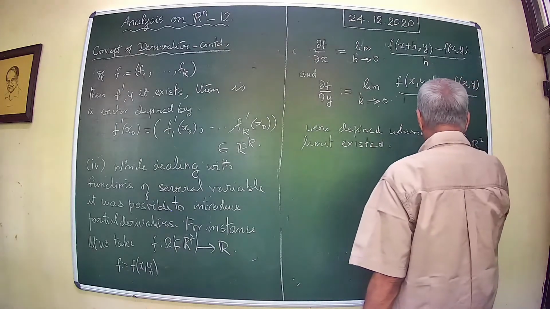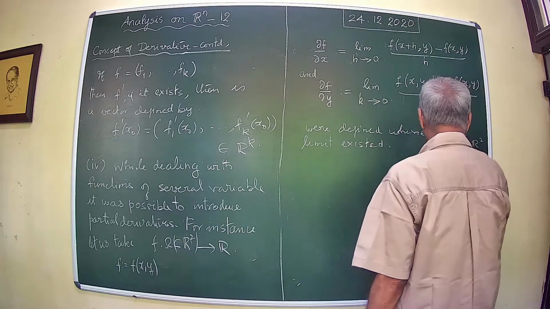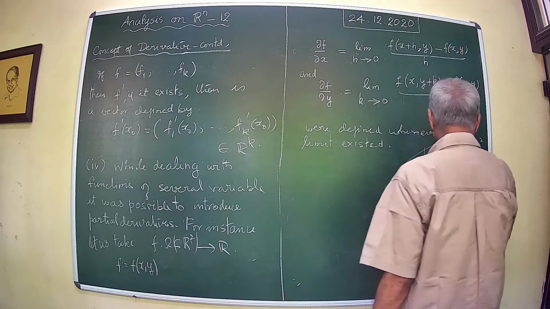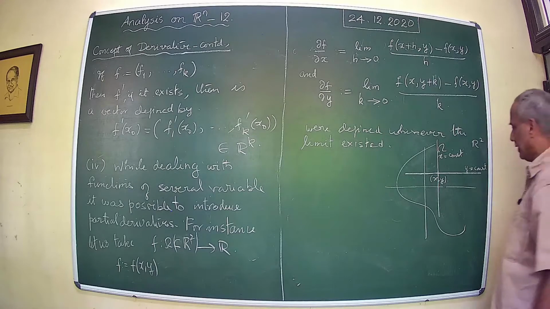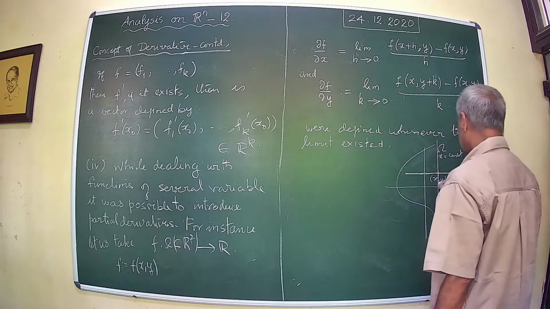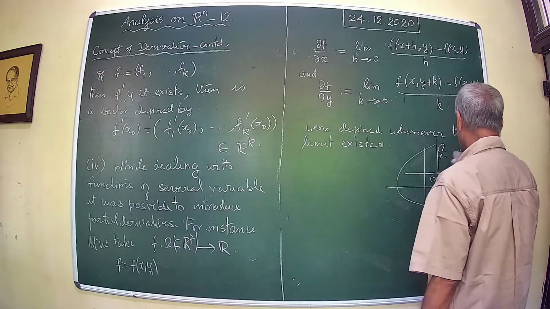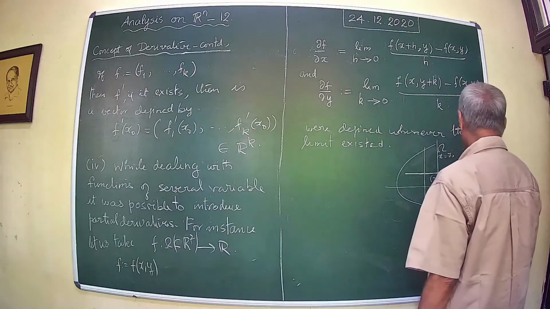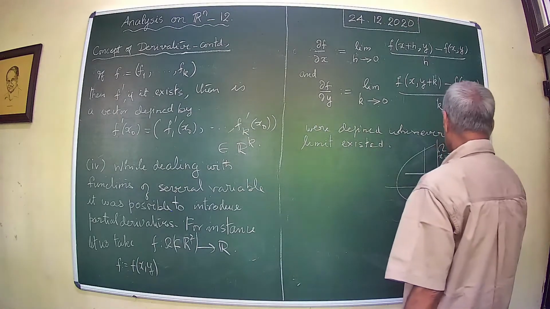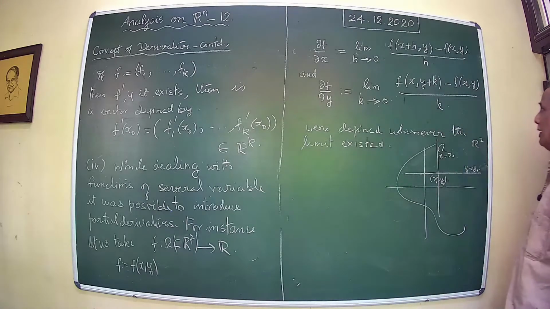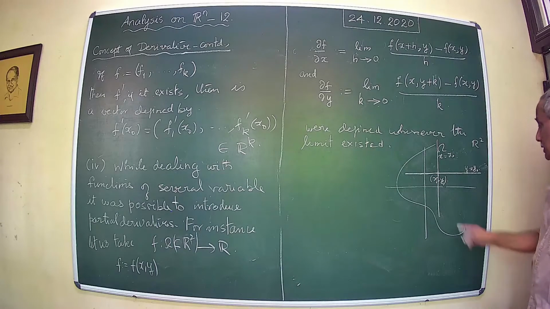Similarly, the partial derivative with respect to y is taken along the line x equal to constant. In fact, one can make this point x naught, y naught, and this line is x equal to x naught, this is y equal to y naught. If you keep y equal to y naught, you get a function of x, and you are talking about the derivative of that with respect to x.